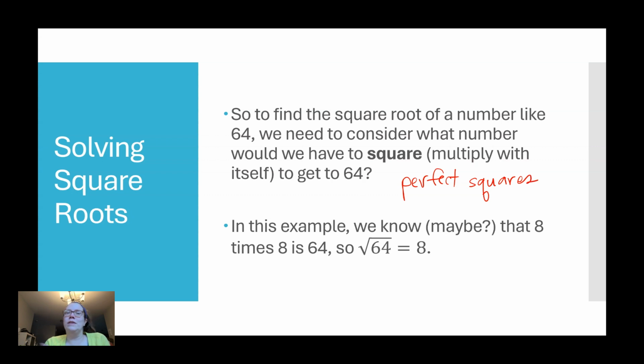So 64 is a perfect square because there is a whole number that multiplies with itself to get 64. If you know that 8 times 8 is 64, then you can also hopefully see that going backwards, the square root of 64 takes you back to 8. So when you see perfect squares, you can do that square root in your head, usually.